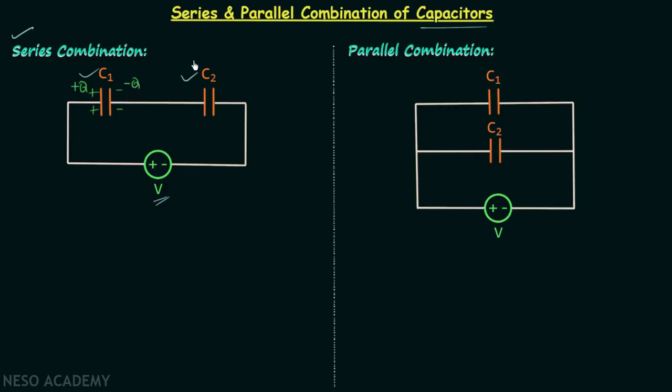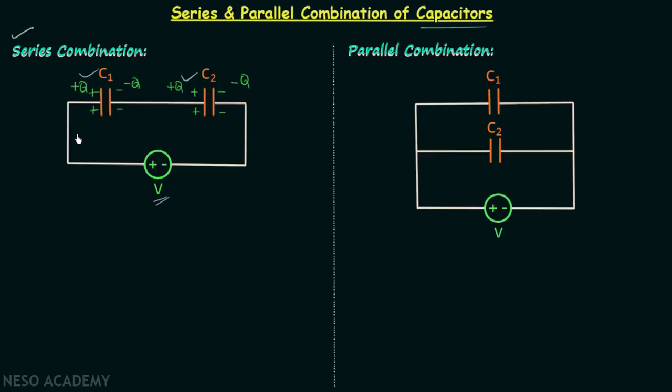Now when you focus on the second capacitor, you will find this plate is connected to the negative terminal of the source, and therefore it will have the negative charge, and due to this reason this plate will have the positive charge, and the amount of charge delivered by the source will be equal to Q. Therefore this plate will have minus Q charge and this plate will have the plus Q charge. So you can see that in series combination all the capacitors are getting the same charge.